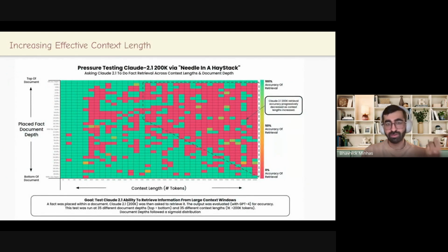And then increasing effective context length. Again, coming back to the idea of context length. If you're not aware till now, I'll just give you a brief. Most models have a limit on how many tokens they can handle, essentially sort of like words.